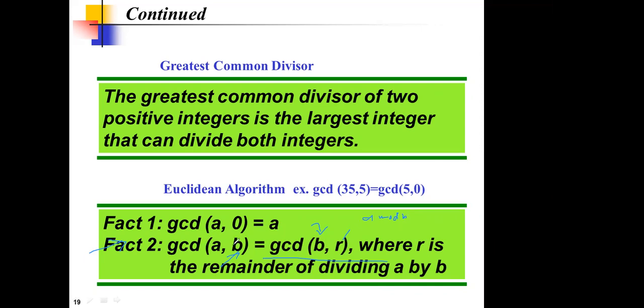If I divide A by B and the remainder is R, then GCD(A,B) is equal to GCD(B,R).